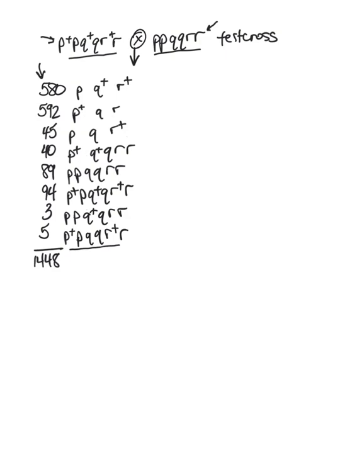So that's leaving me, again, as I go through this, with just the alleles that came from the heterozygous parent. Okay, so I take out a p, I take out a q, and I take out an r.